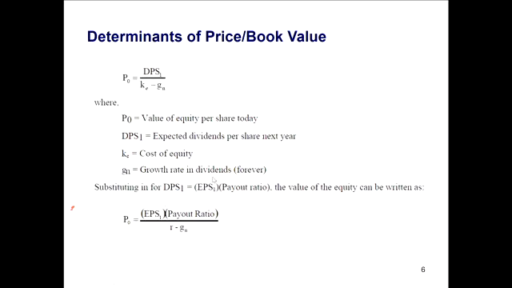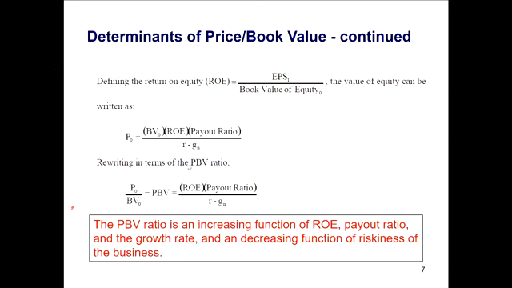So the price to book value ratio is an increasing function of the return on equity, payout ratio, and the constant growth rate, and a decreasing function of the risk of the company, which is intuitively similar to the PE ratio.